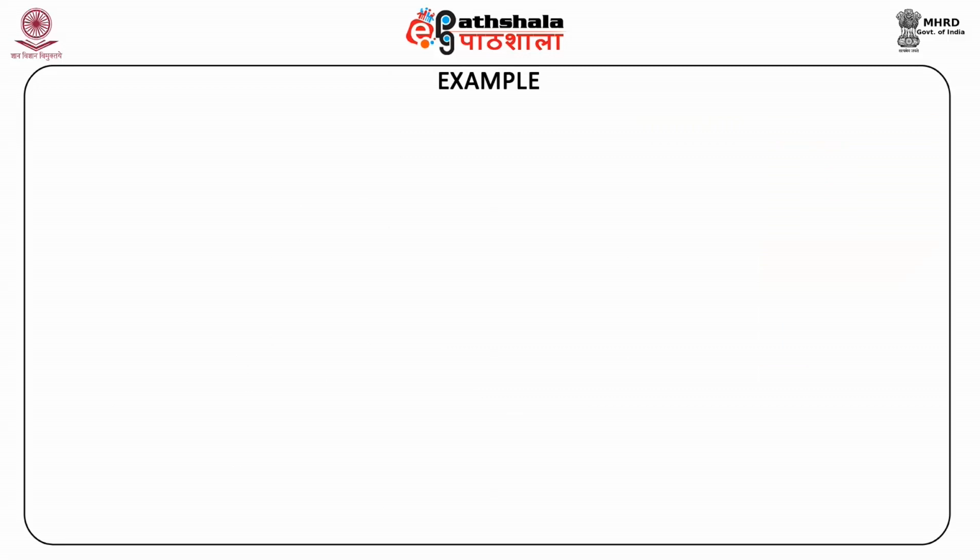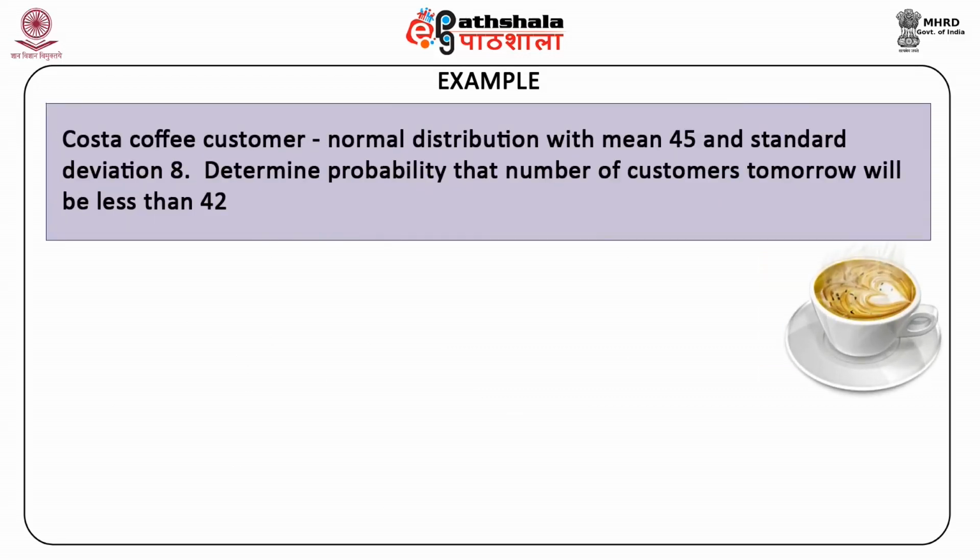Let us understand it with the help of an example. Costa Coffee morning customer load follows a normal distribution with mean 45 and standard deviation 8. Determine the probability that the number of customers tomorrow will be less than 42. We first convert the raw score to a z-score.